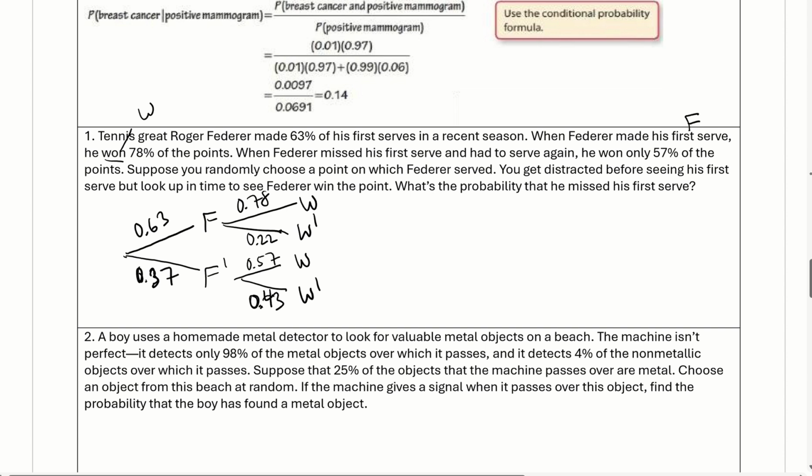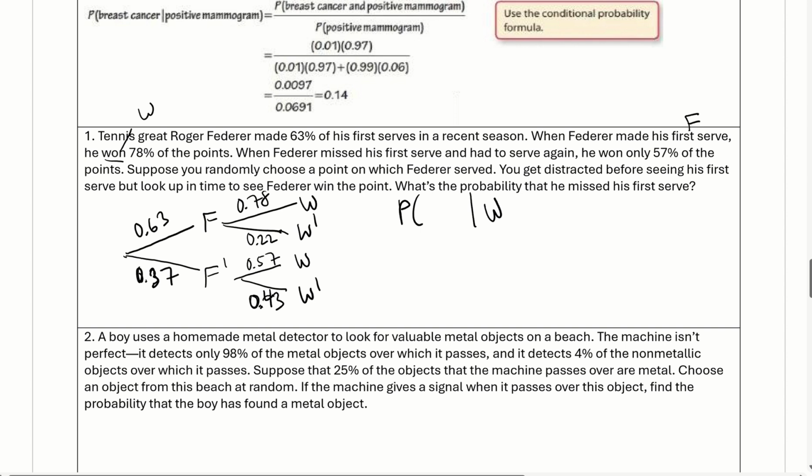Now you randomly choose a point on which he served. You get distracted before seeing his first serve, but look up in time to see Federer win the point. So you see that he wins the point. What's the probability that he missed his first serve? Okay, so we're given that he wins the point.